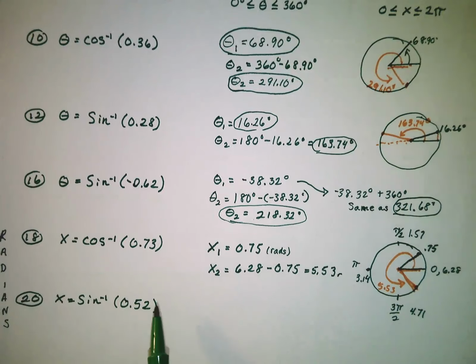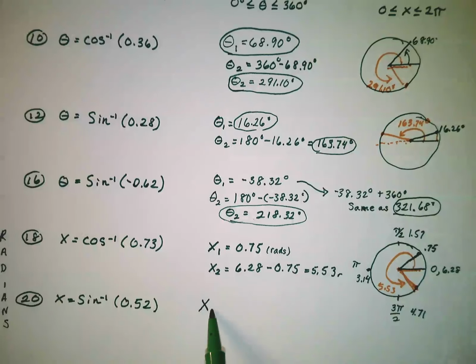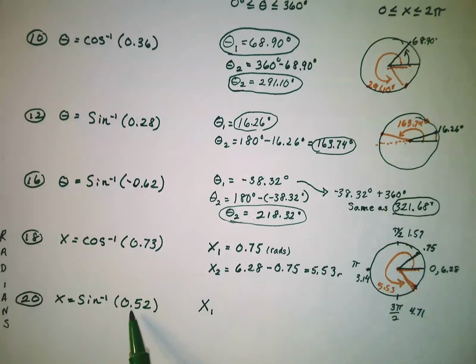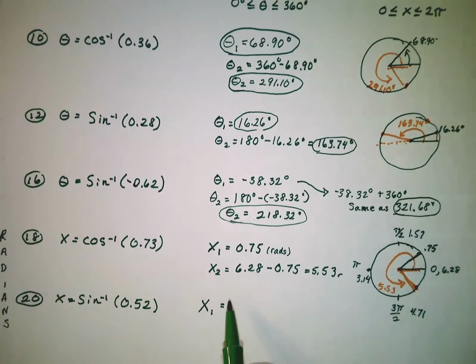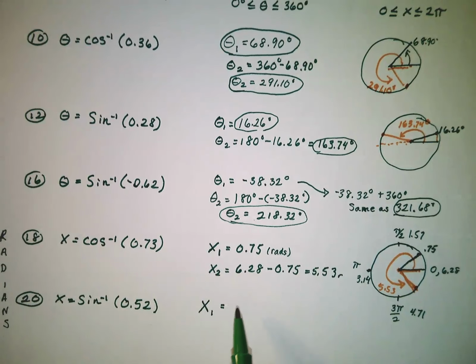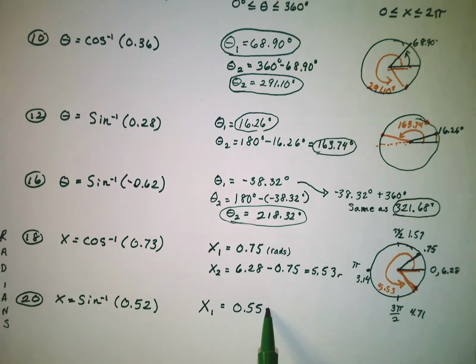To finish off the category, I want us to find the radian measure of an angle with a sine value of 0.52. So we just ask the calculator. Calculator tells us, I believe, that the first angle is 0.55 radians.